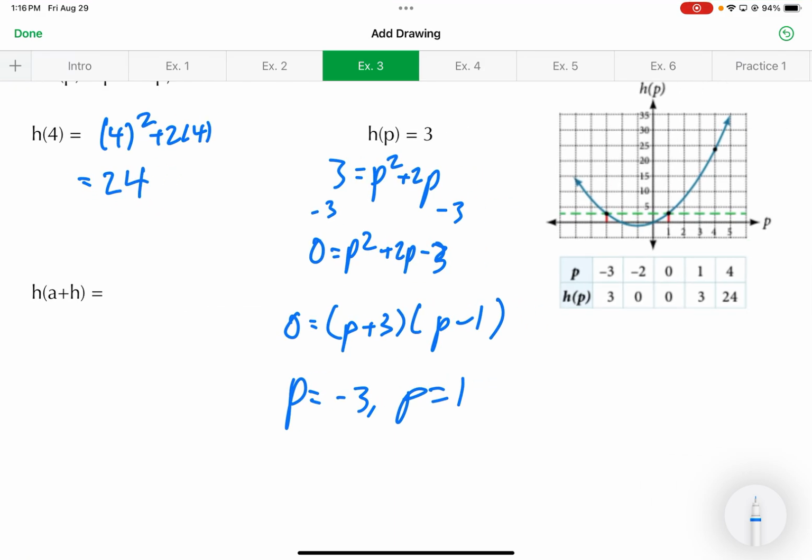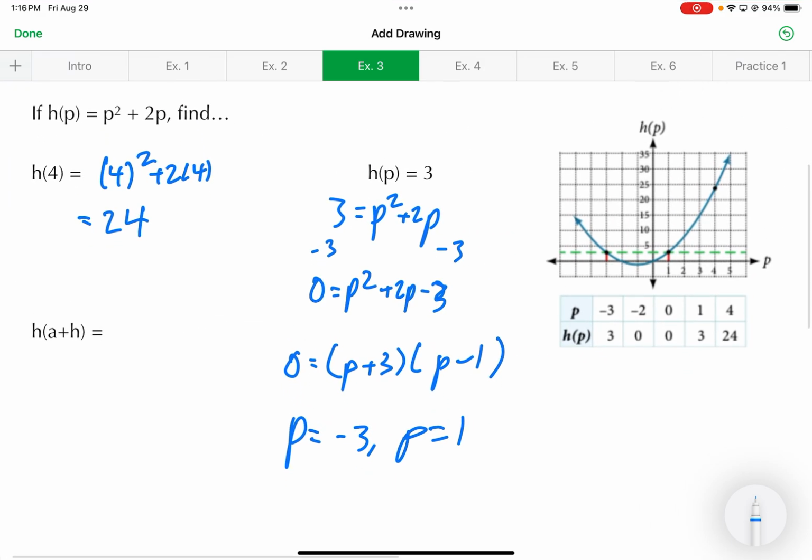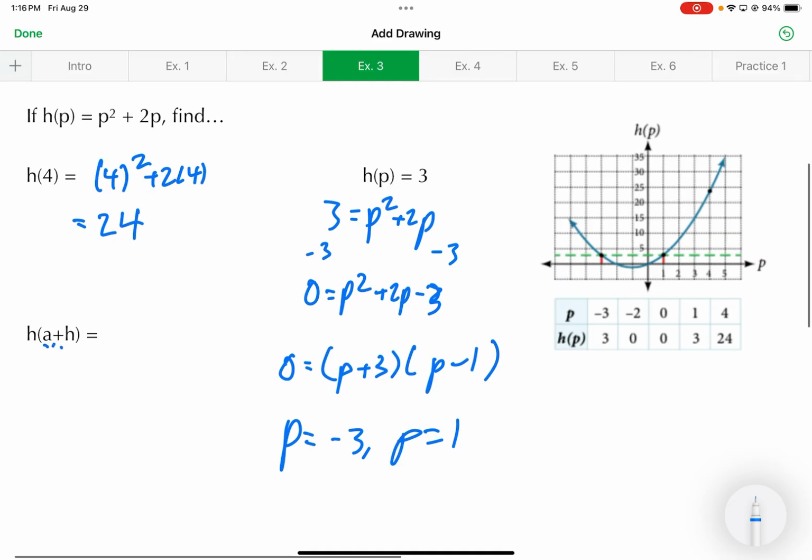What should we do? Just keep a plus h the same and just square both of them, like a plus h squared equals 2. So you're telling me this is my input and I need to plug it into these two placeholders, right? Yep.